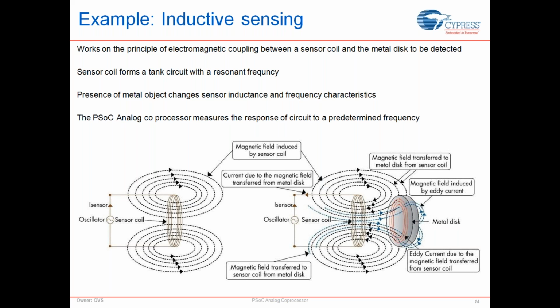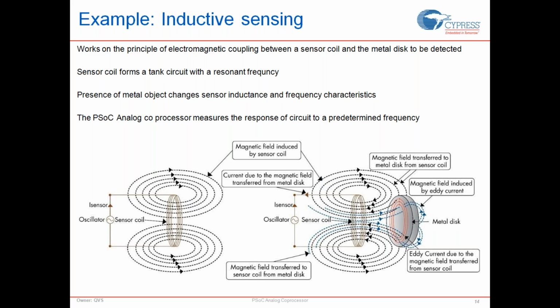If you remember from some of our electrical courses, the core of a transformer is generally built out of ferromagnetic material, and the reason for that is its ability to affect magnetic fields. So we're going to use the same property to determine or sense the presence or absence of a metallic or ferromagnetic material close to a coil.